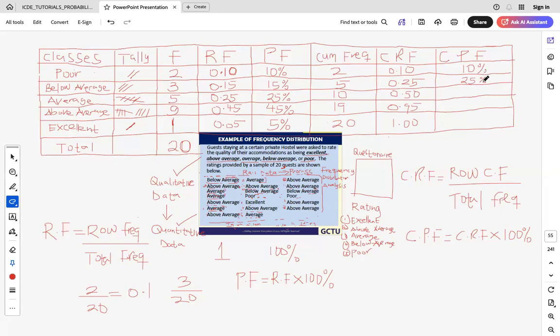Sir, please, how did you convert it to the percent? You know, I think it should be 0.10. How did you convert it to percentage? Okay, so this is the calculation we are doing. The first one, 0.10 times 100%.